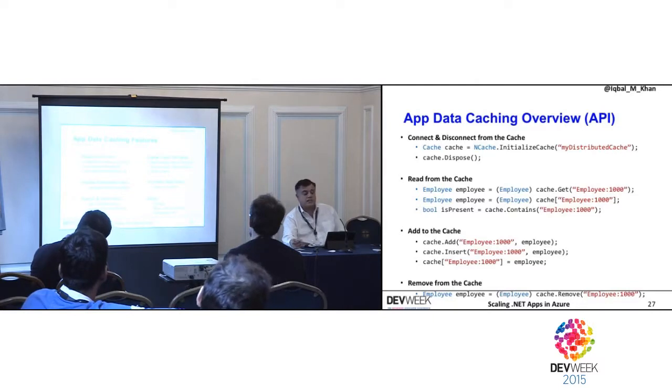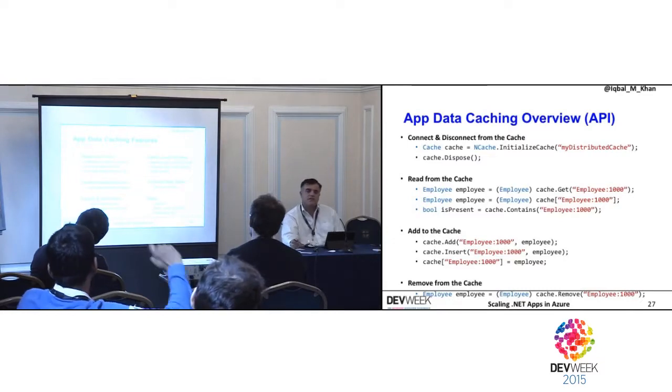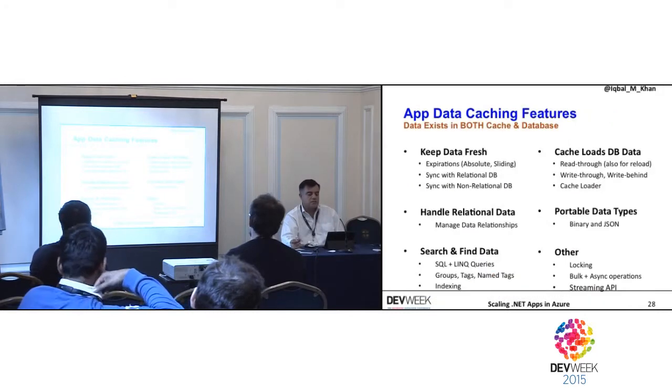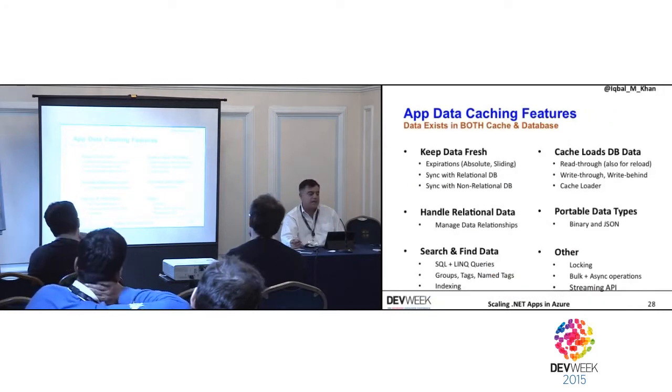I mentioned that in case of application data caching, the data exists in two places. So a good distributed cache should have the following features. First, it should keep the data fresh, and it can do so through expirations, through synchronization with the relational database.